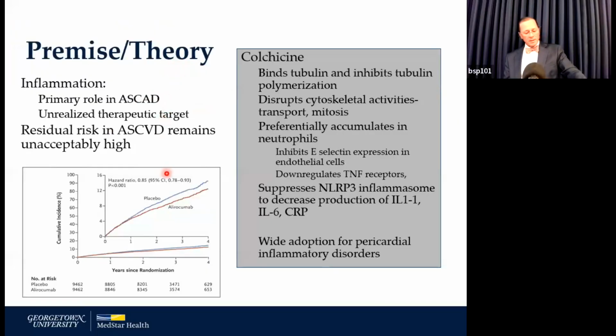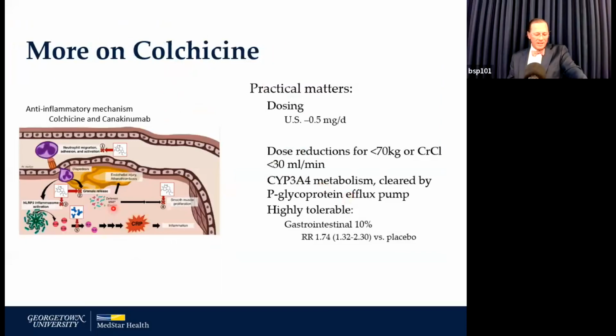So here's the premise. There's a lot of residual risk to cardiovascular disease. Even when you use all these new drugs, events are still happening. And colchicine basically is a broad anti-inflammatory that technically is binding tubulin, inhibiting tubulin polymerization. It preferentially accumulates in neutrophils and it suppresses the NLRP3 inflammasome, which basically in the vessel wall is turning off inflammation where it occurs at IL-1.